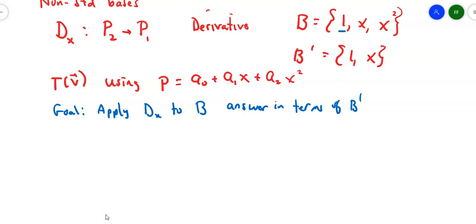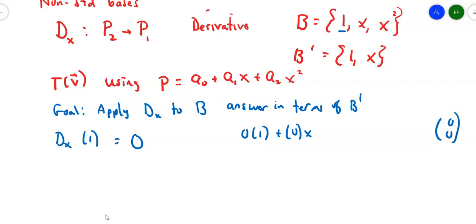So let's start with this first element here, 1. Apply that operator to 1, and I get 0, right? The derivative of 1 is 0. How does that match up to B prime? Well, it's no 1s and no x's. I'm going to put a 0, 0 over here.